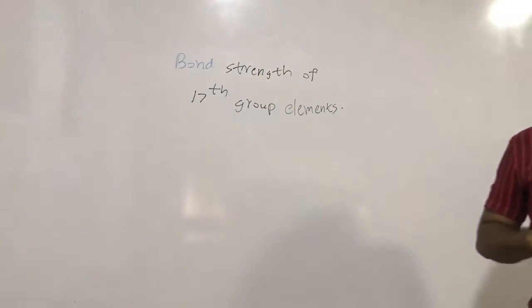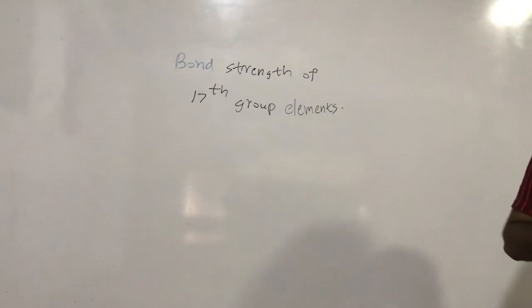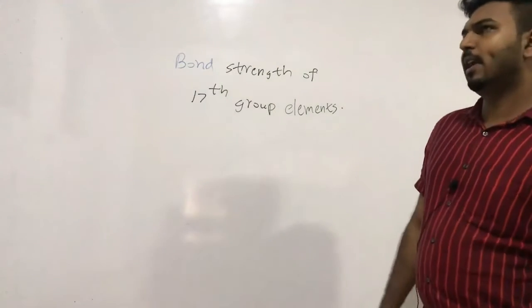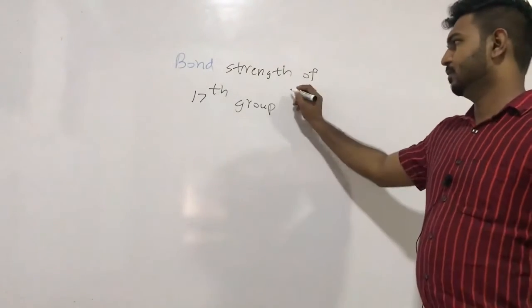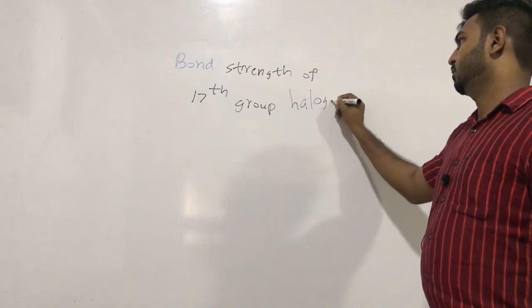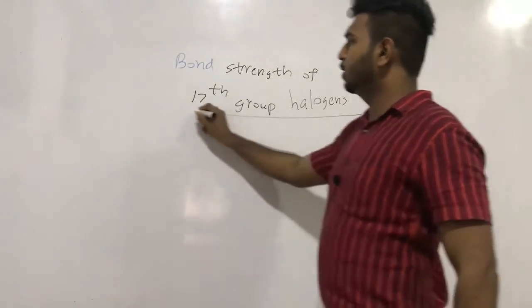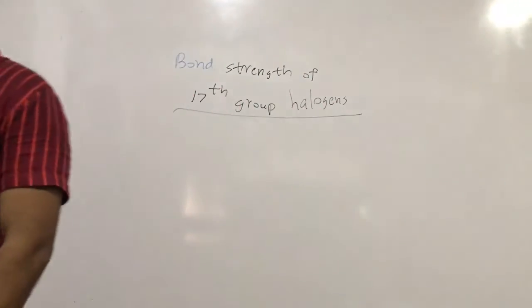We can write this as halogens also. Bond strength of 17 group halogens.